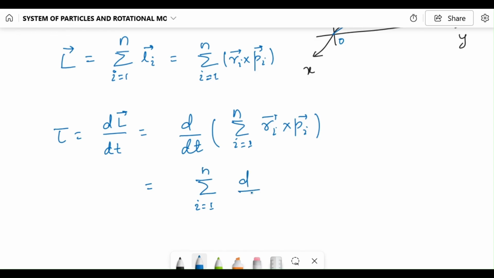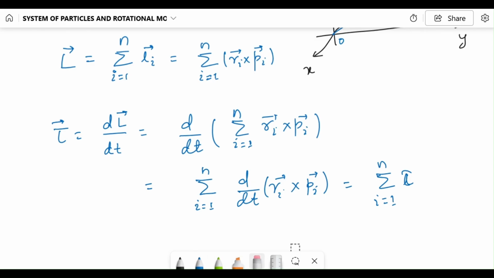So we can write the derivative of ri cross pi. This is what we can write for the total torque here, including this sum sign. Now we can write summation i equals 1 to n, and this is the time derivative of the angular momentum of the ith particle, so we can write it as the torque of the ith particle.